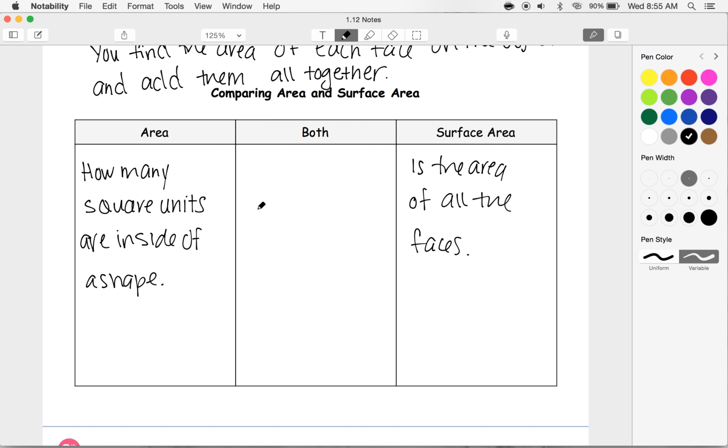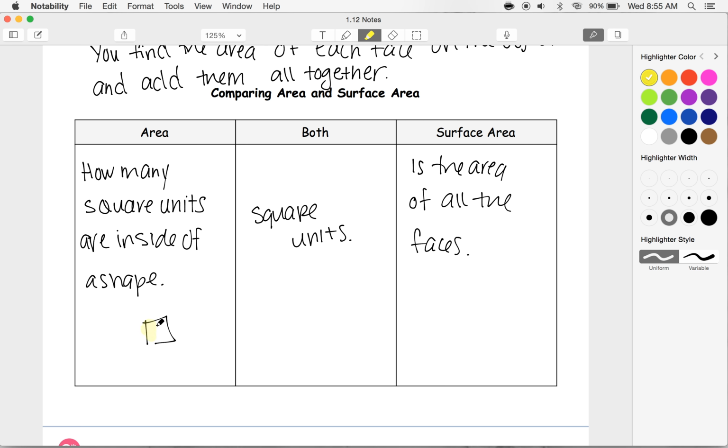And I want you to know that both talk about square units. So area talks about everything that's inside of just one shape, where surface area takes a look at a three-dimensional figure and finds the area of each side, and then you're going to add all of those sides up.